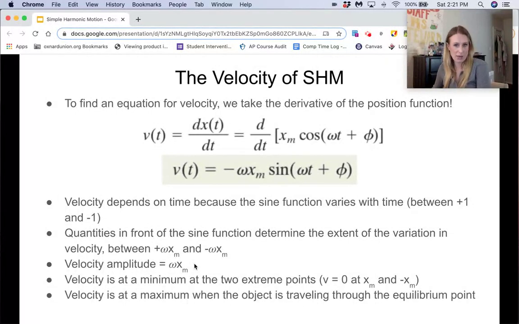And then our maximum velocity will be in the very center, which we already talked about. And that is because that's our minimum force, right? We have no force at the center. That means our velocity is at a maximum. And then the object is going to start slowing down, and then again comes to a 0 point, and then it starts speeding up. Maximum through the equilibrium, slowing down, and then 0 velocity at the ends. We'll talk about that a little bit more in our next lecture, which is the energy in simple harmonic motion.